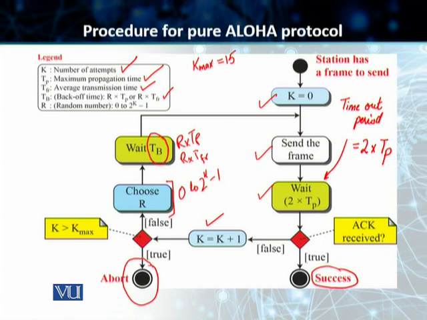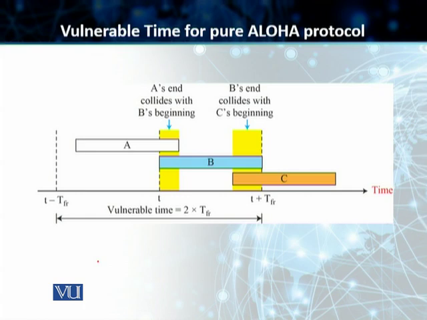It's a loop. In this case, the decision point is whether K is greater than K max. Students, the range of this random number R that we defined increases with every attempt.